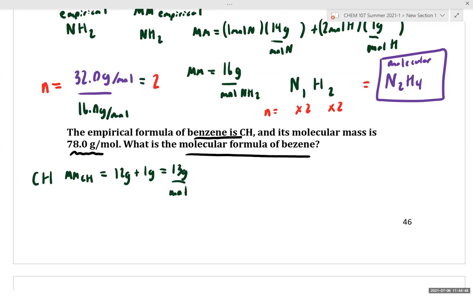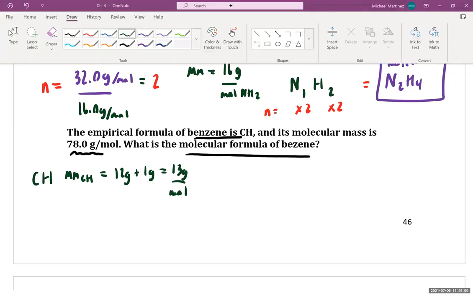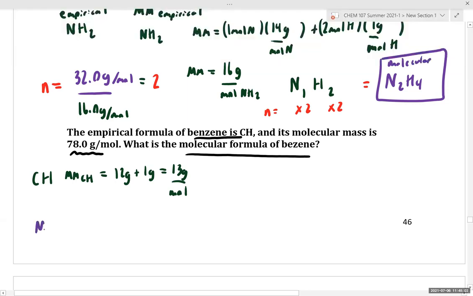So let's work through this example. Would anyone like to share their thoughts on how many empirical formula units do we have? What is the value of N? Given that we know that our molecular weight for benzene is 78.0 gram per mole.